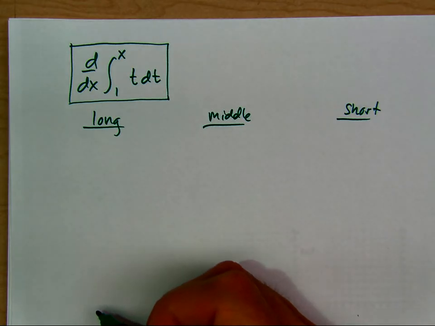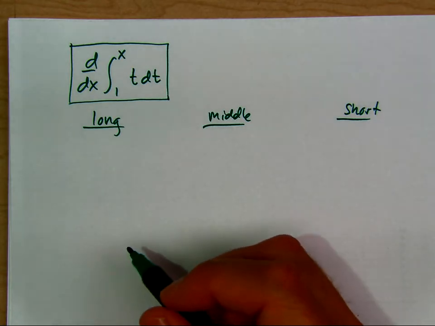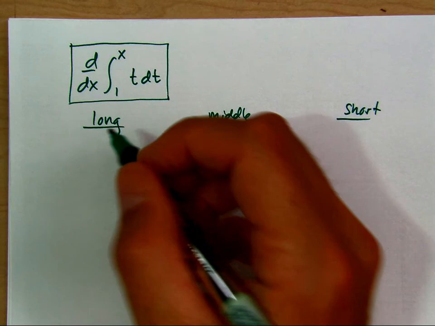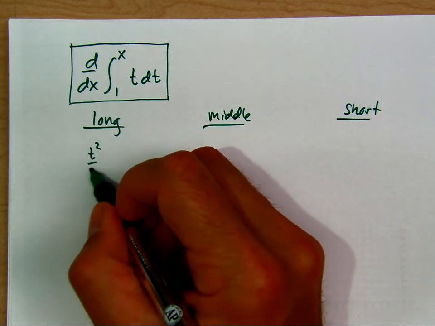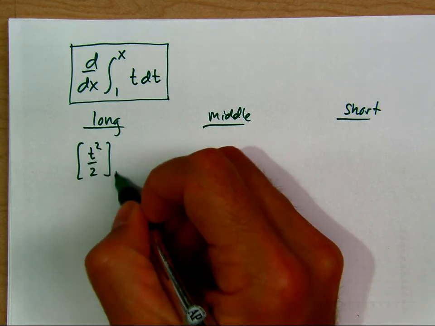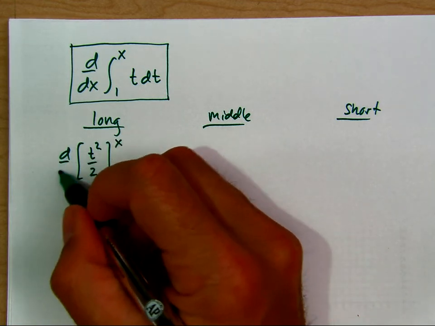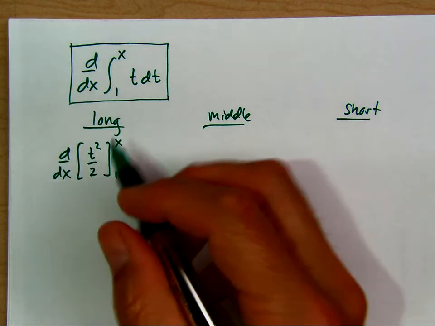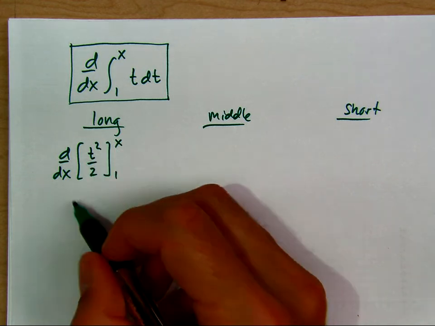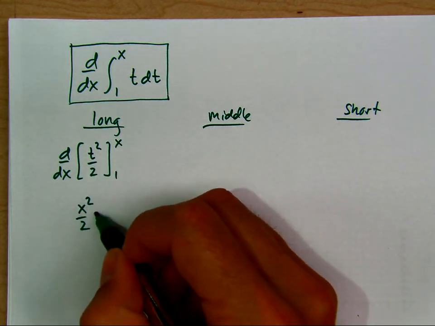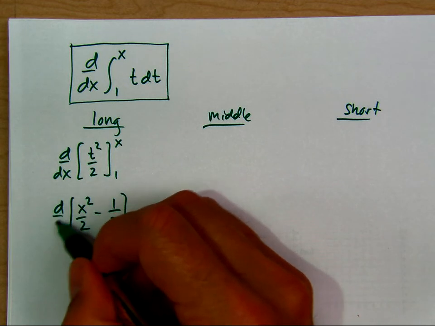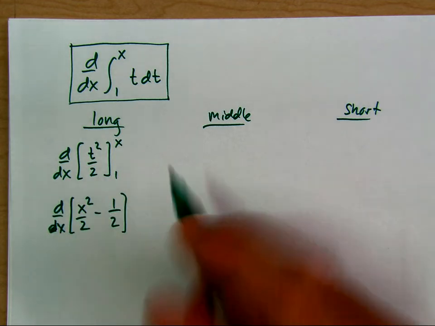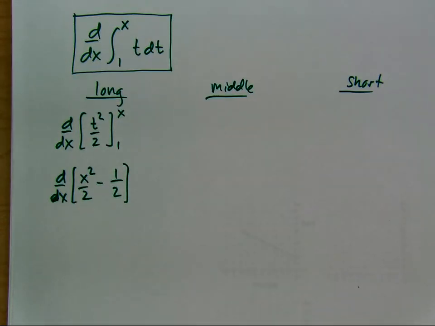So the long way is, let's actually find the antiderivative. So the antiderivative of t is t squared over 2, and then we evaluate it from 1 to x, and take the derivative. We will substitute x squared over 2 minus 1 squared over 2, and then find the derivative of that.